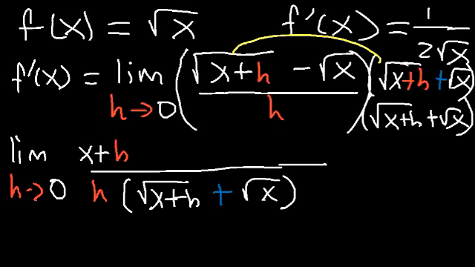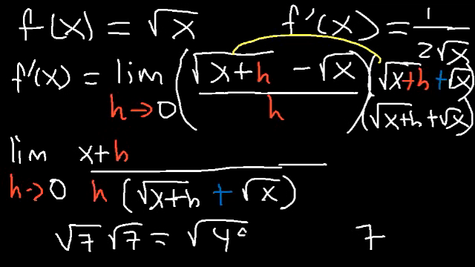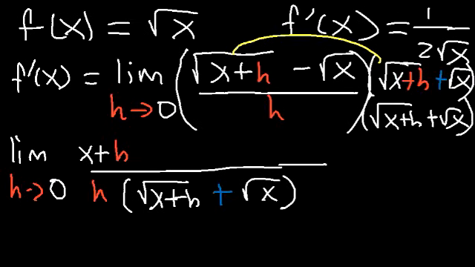If you're not sure about that last step, see it this way. What is the square root of 7 times the square root of 7? The answer is 7. The radicals cancel. If you multiply the inside, the square root of 7 times the square root of 7 is the square root of 49. And root 49 is 7. So you're just going to get what's inside. Now if we multiply radical x plus h times radical x, it's going to be radical x plus h times root x.